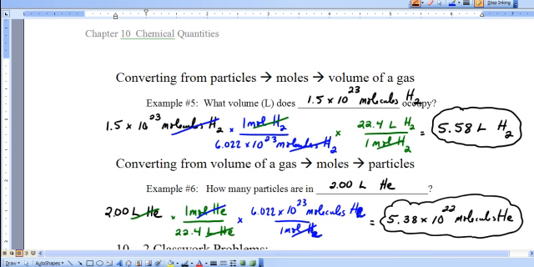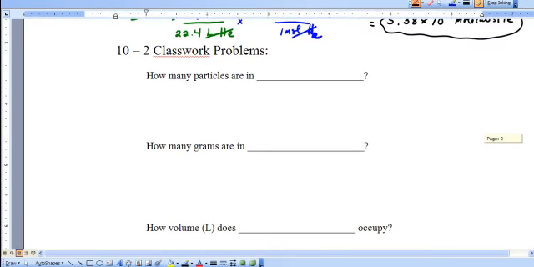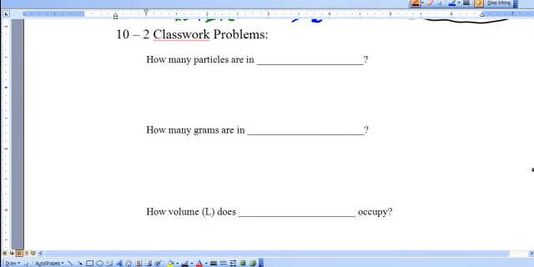So if you can see the calculations between volume, moles, particles, grams, they're all the same using that molar roadmap. So let's go ahead and give you a few sample problems. You can try them all on your own, and then we'll answer these and go over these in the next podcast. So here we go. The first one, how many particles are in 10 grams of water?